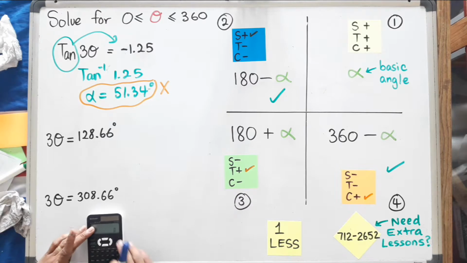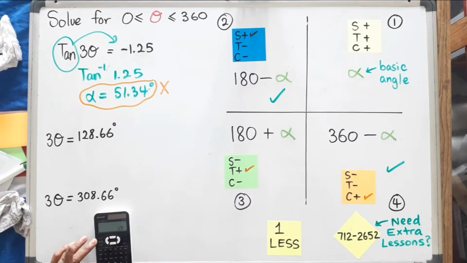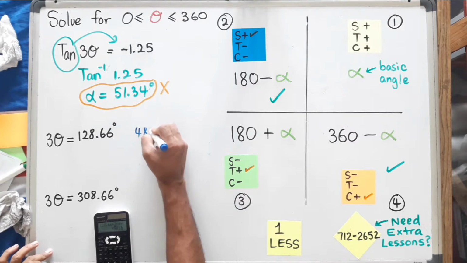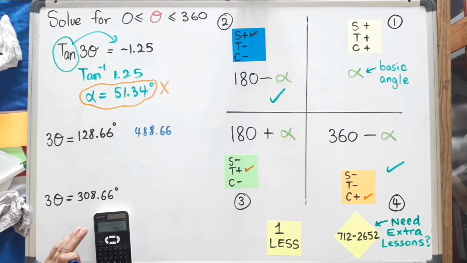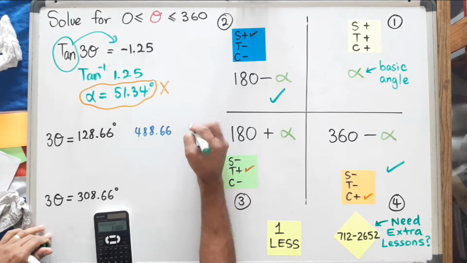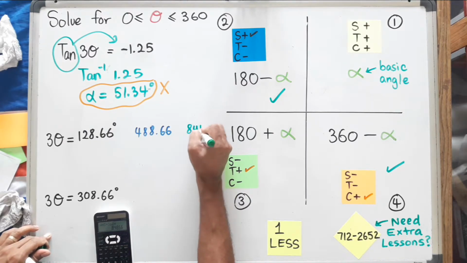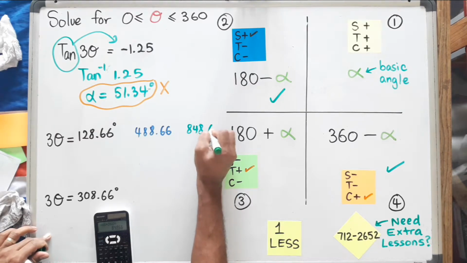So 128.66 plus 360 is 488.66. Add another 360, and we're going to get 848.66.